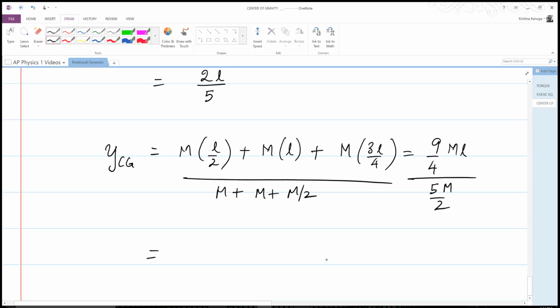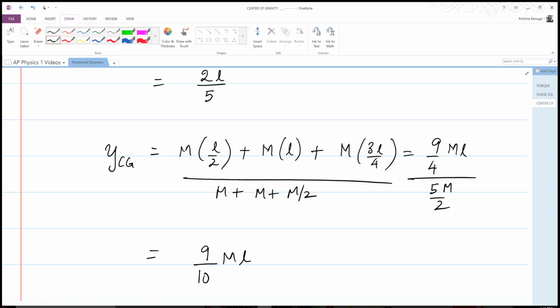If I do this correctly, I get 18/20, which is equal to 9/10 L.